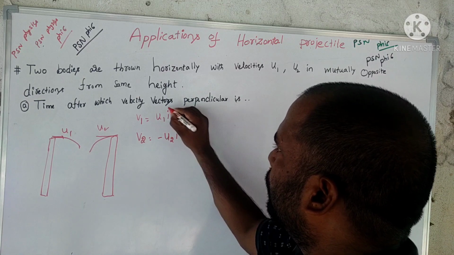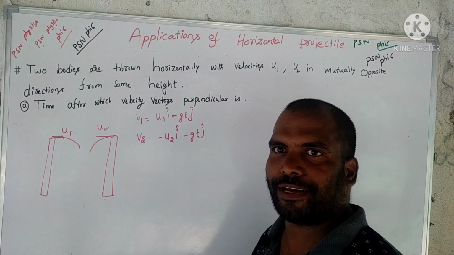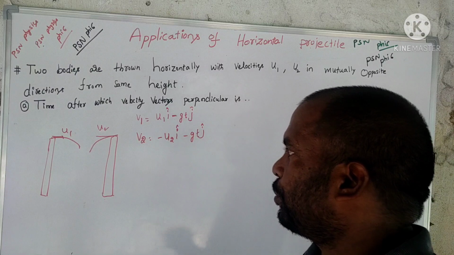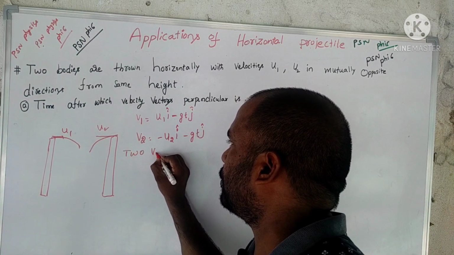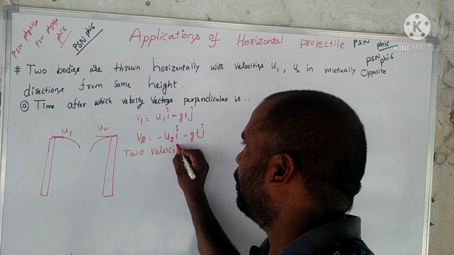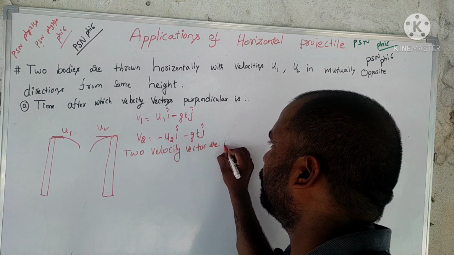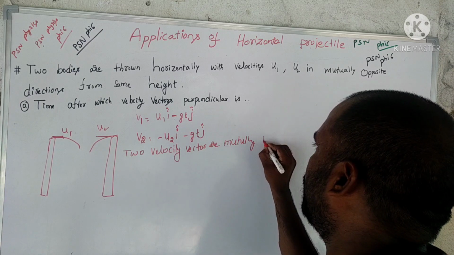These are the velocity vectors. We have to find the time interval. For that, the two velocity vectors are mutually perpendicular.